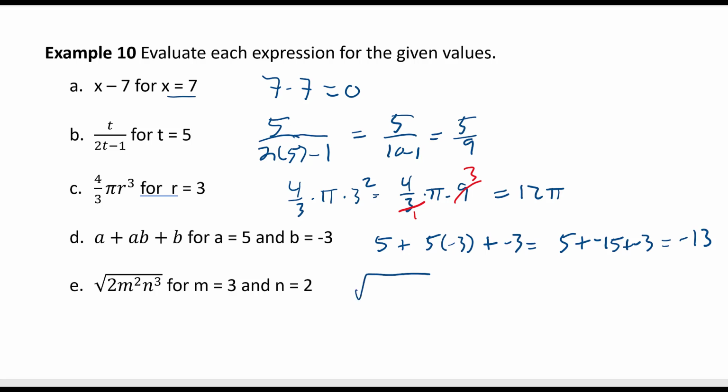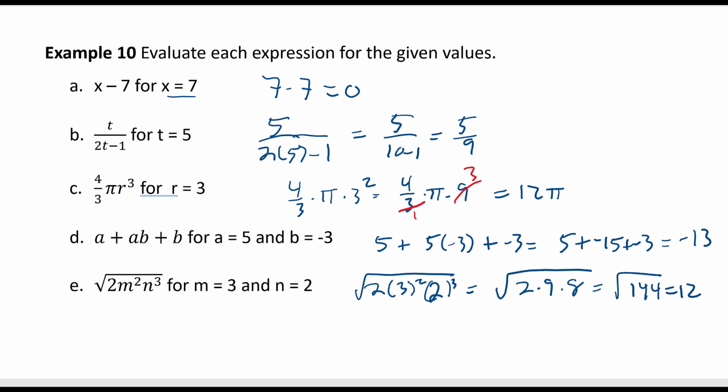So that's going to be the square root of 2 times 3 squared times 2 cubed. So it's the square root of 2 times 9 times 8, and that's the square root of 144, which is 12.